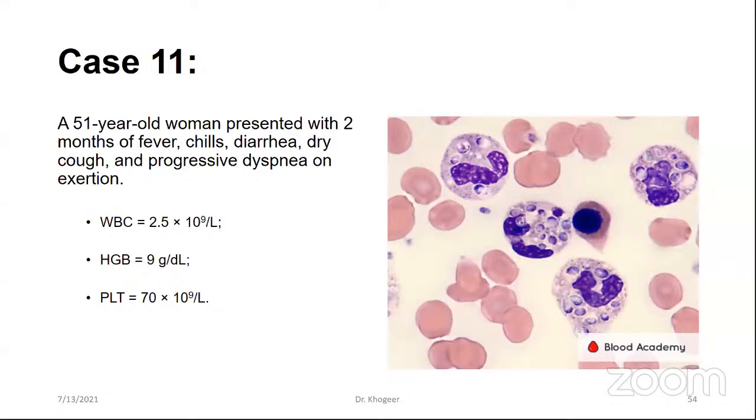Always correlate clinically. If the patient presented with infection, it is mainly due to infection, but if there are no signs or history of infection or inflammatory process, you have to look for the reason behind this. And usually in GCSF, not all the cells show increased granulation, and you will find some immature cells in addition to the neutrophils.